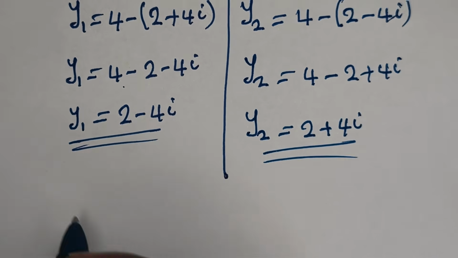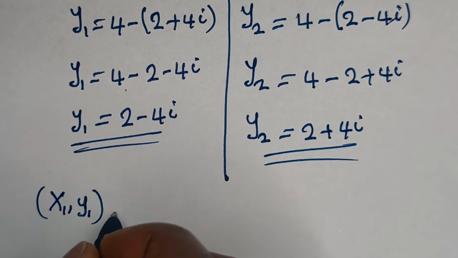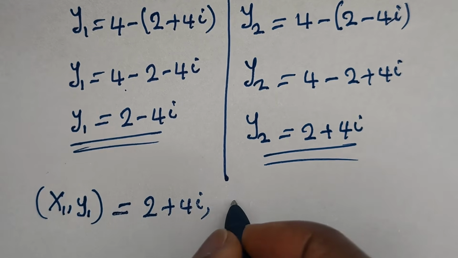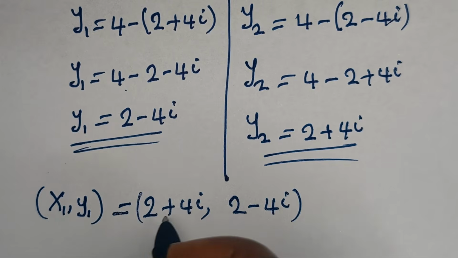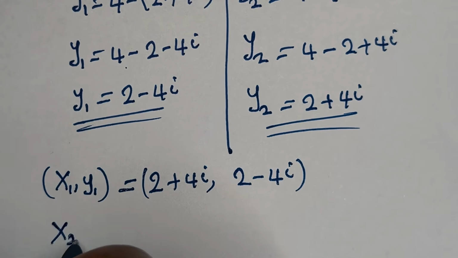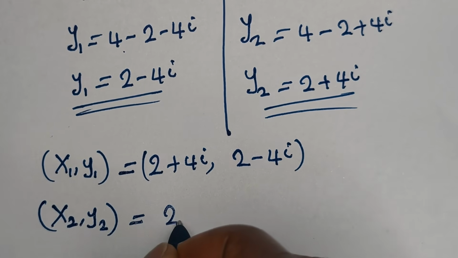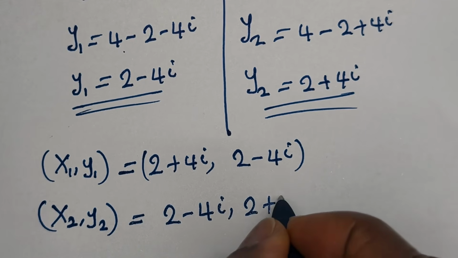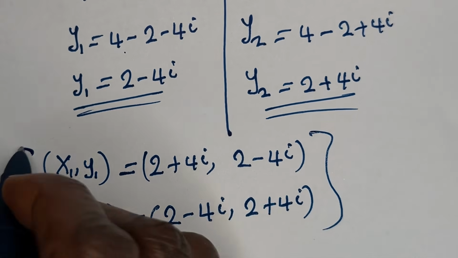Therefore, our final answers are s1, y1 is equal to 2 plus 4i, 2 minus 4i. Then s2, y2, this is equal to 2 minus 4i, 2 plus 4i. These are the final answers.